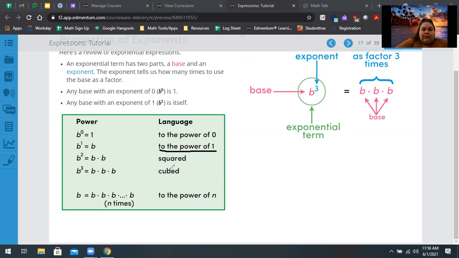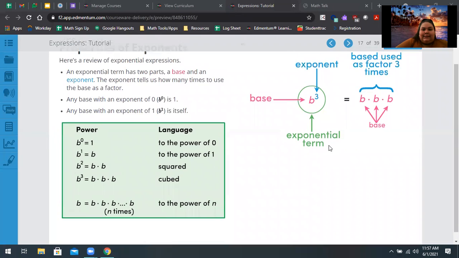B cubed, again, because it's to the power of 3, or b to the 3rd power. And then depending on how many b's you have written out, like say you have 5 b's written out, right? B to the 5th power, or b to the power of 5. Either way, both of those expressions are acceptable, and that's how we reference these.